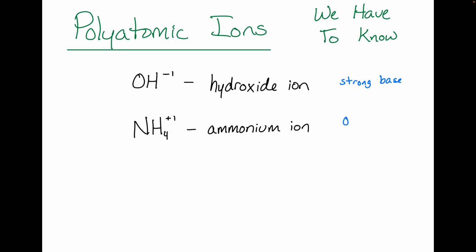So let's just note it's the only positively charged polyatomic. Truthfully, I think in the world there's like 2 others, but we're not going to study those. Again, very, very rare to have a positively charged polyatomic ion. All right. So again, we said that this was a cation.